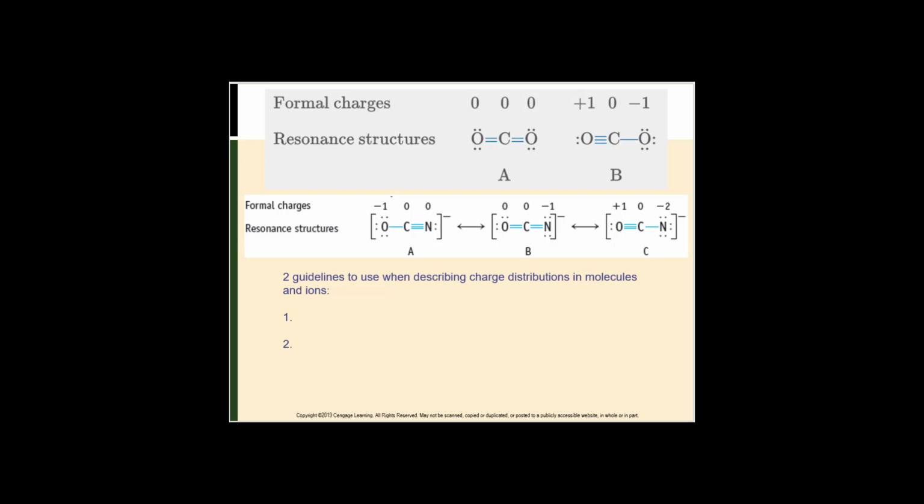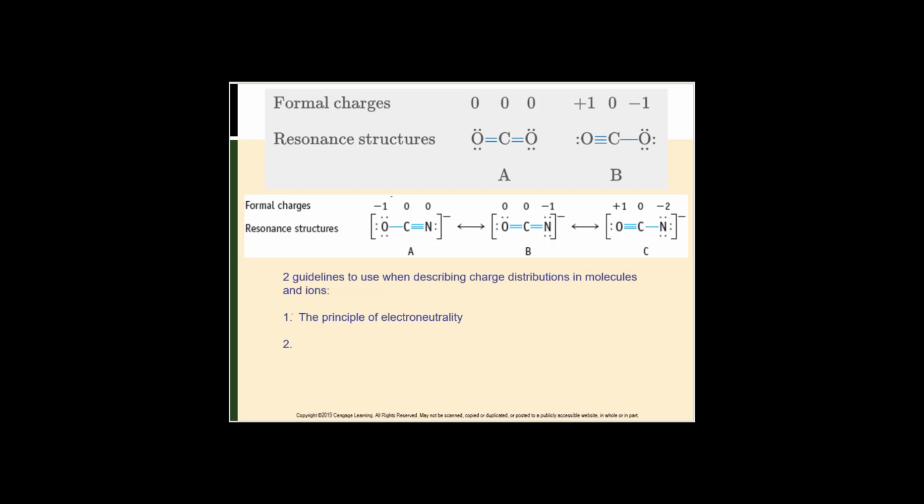Now, according to scientist Linus Pauling, there are two guidelines to use when describing charge distributions in molecules and ions. The first is the principle of electroneutrality.